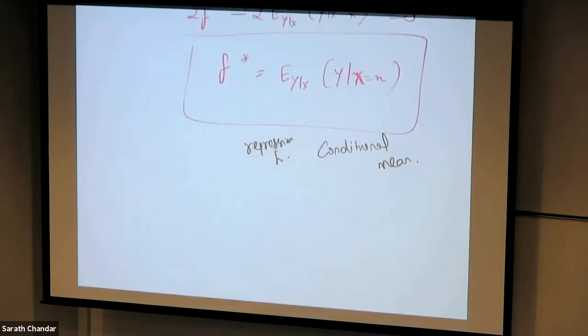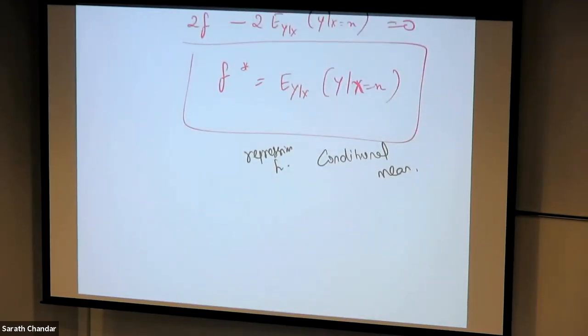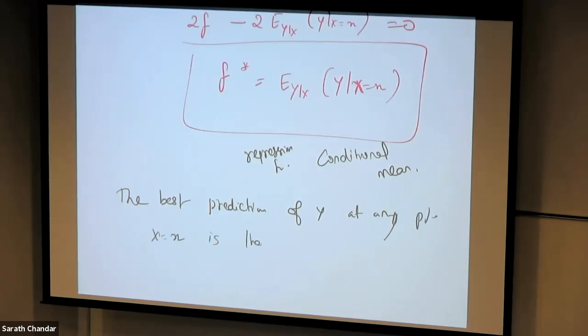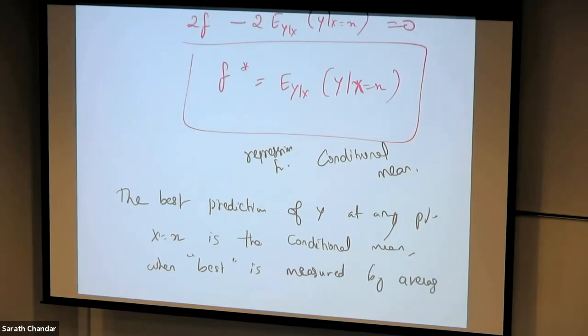Okay, so I'm going to write explicitly what I said. The best prediction of y at any point x is the conditional mean, when the word best is measured by the least square error or the averaged squared error.